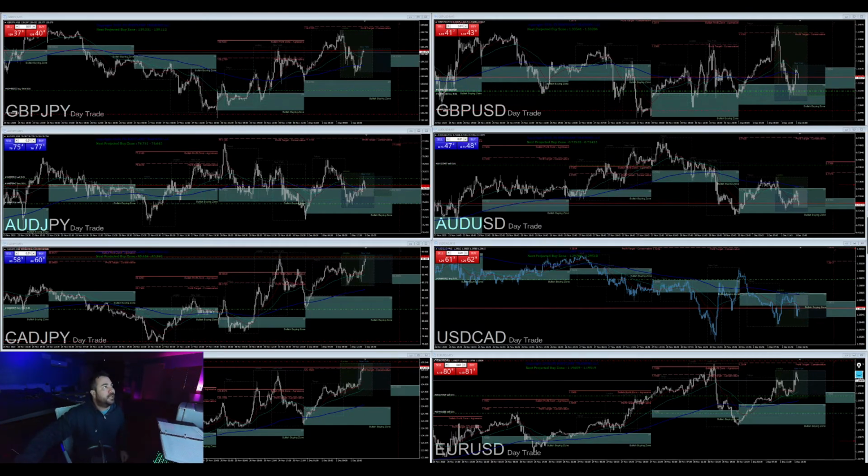As soon as we clear, if we clear these highs right here, I'm going to move up my stop to reduce risk.